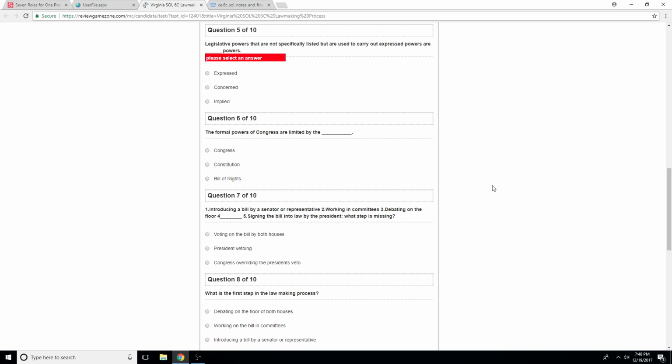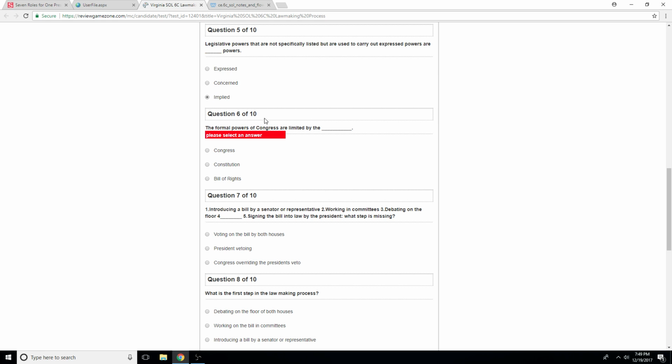You just have to carry that mindset into it. So 6C is legislative, lawmaking. The other one, 6D, is executive roles. Jalen is right: number 5 is implied. If y'all missed number 6, you really haven't been listening.